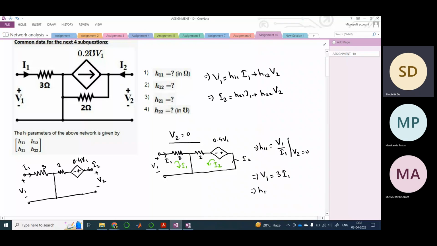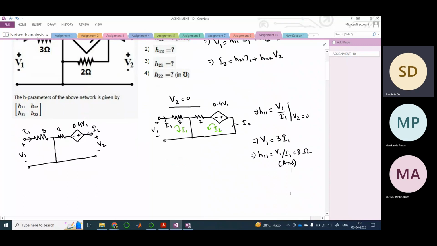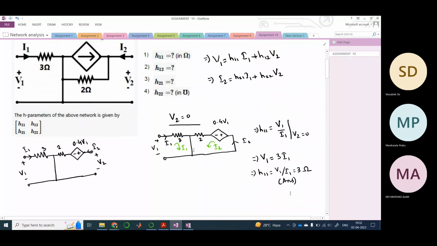So our H11 is nothing but V1 by I1. It is 3 ohm, right? So this is the answer to the first question. I'll just stop. I hope this is clear. If you have any doubt, you can ask.